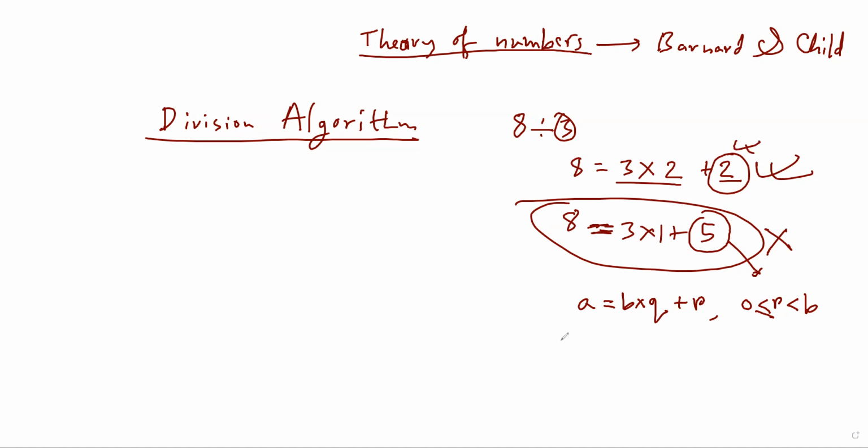So in that sense, you can also see that 8 could be written as 3 times 3 minus 1. Now, 1 is within this interval. In our case, b is actually 3, right? b is 3 and a is 8. So 1 is less than 3, but we have a minus sign here.